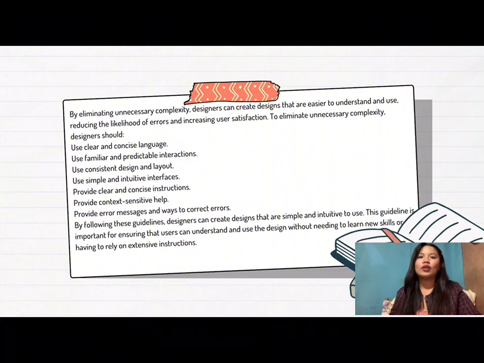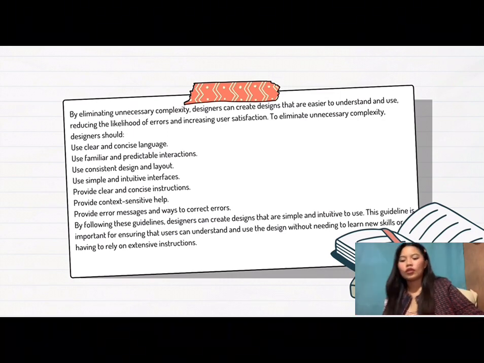By following these guidelines, designers can create designs that are simple and intuitive to use. This guideline is important for ensuring that users can understand and use the design without needing to learn new skills or having to rely on extensive instructions.